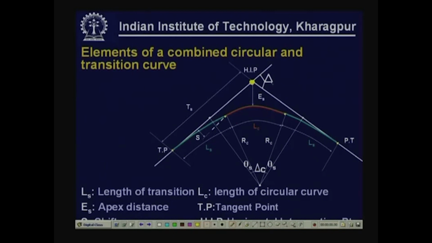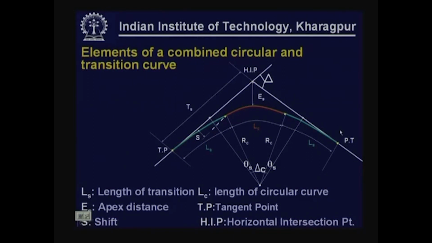So, HIP is also used for horizontal intersection point. Now let us see some of the other properties also.